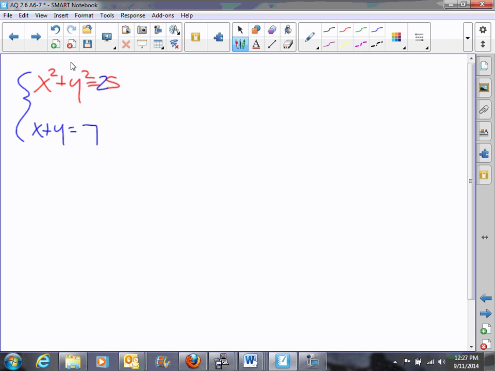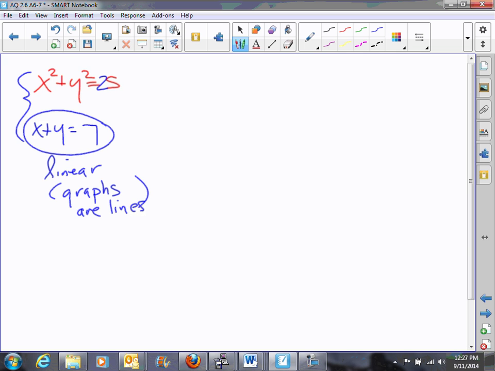Now, this equation right here is a linear equation. It's first degree, and linear equations have graphs that are lines. This equation is not a linear equation, however. It is a quadratic equation in two variables, and it turns out that the graph of this particular equation is a circle.